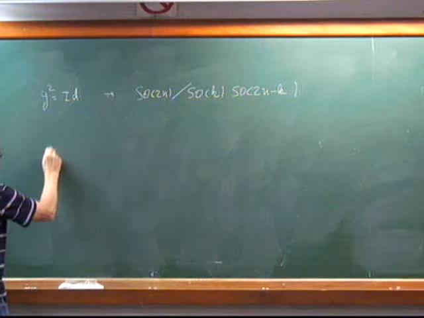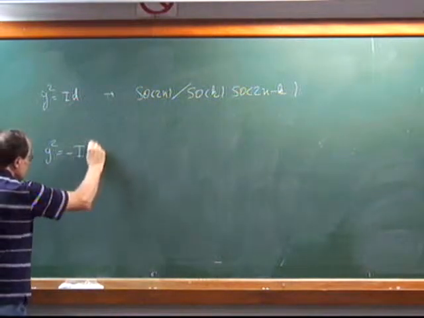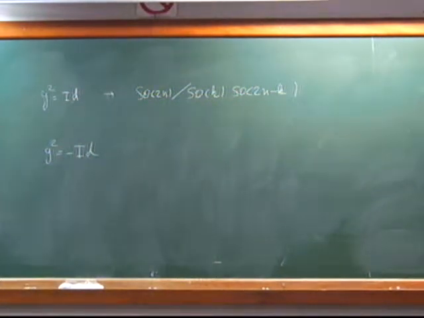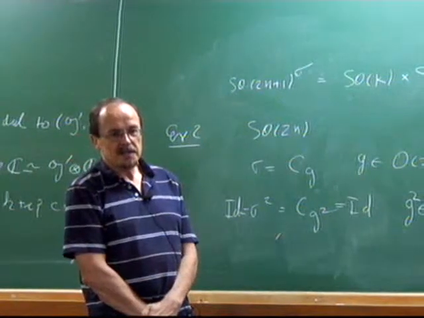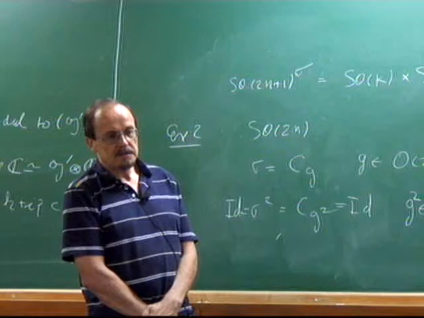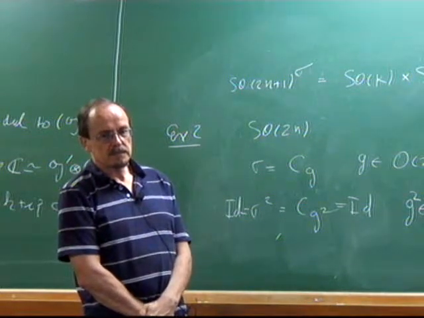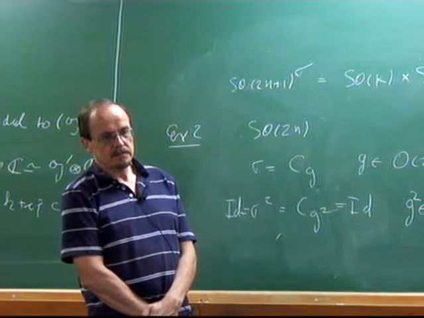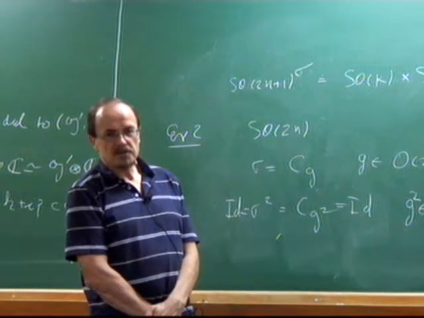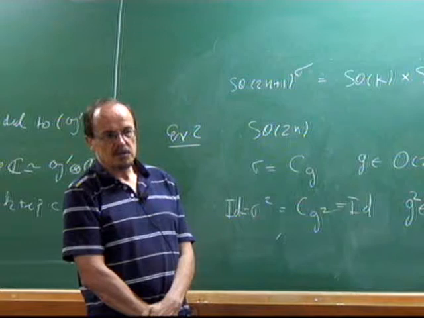So the only new case is G squared is minus identity. So what's the normal form of an orthogonal matrix whose square is minus identity? It's like a complex structure on R^2n, so n must be even.